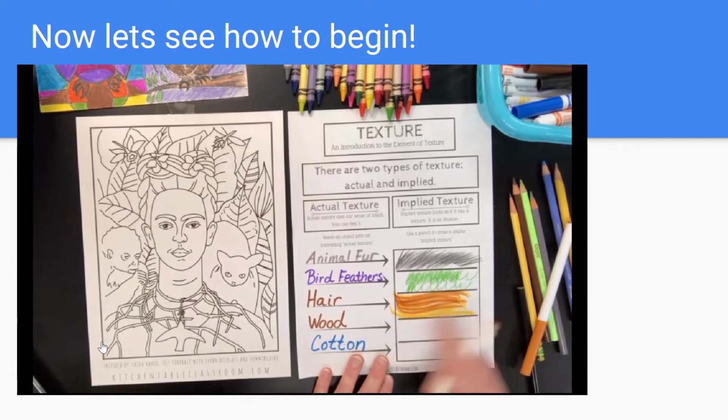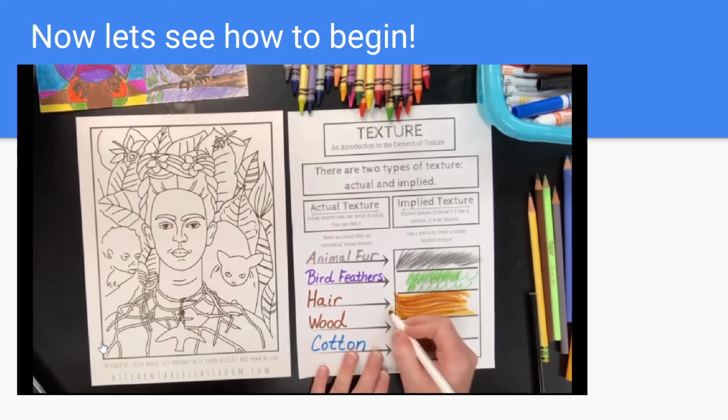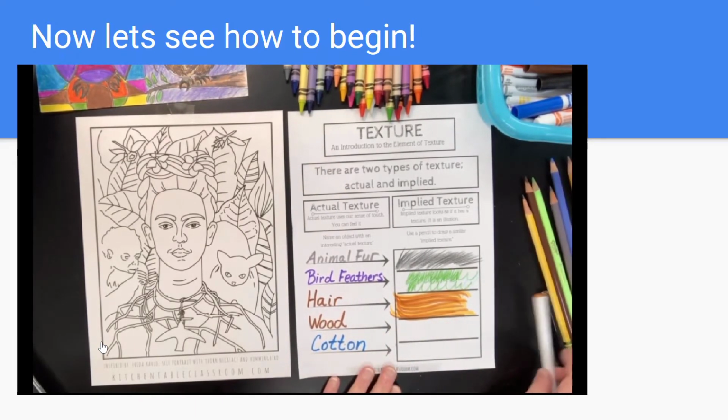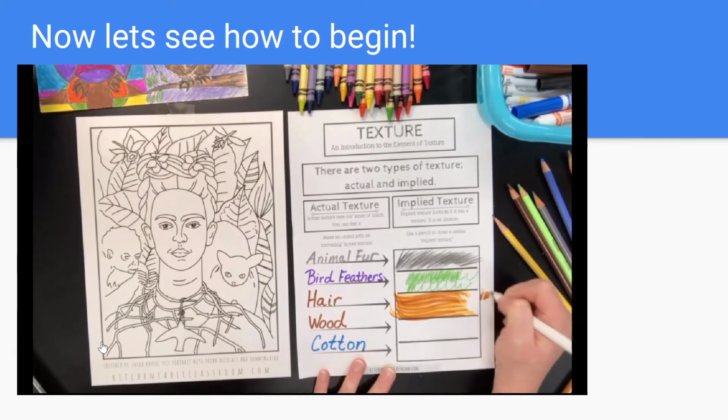Hair tends to be long and thicker pieces. That's a pretty good example of hair texture. If you had really, really short hair, you could also do short spiky lines like this, similar to doing animal fur.